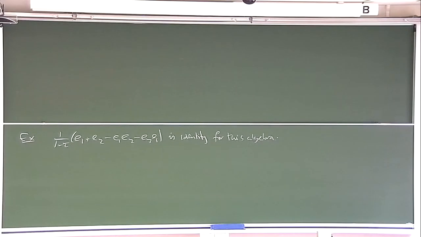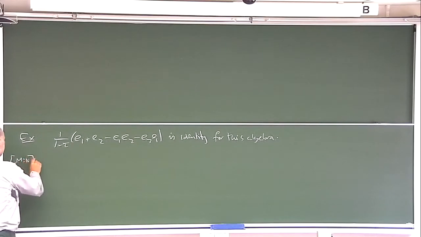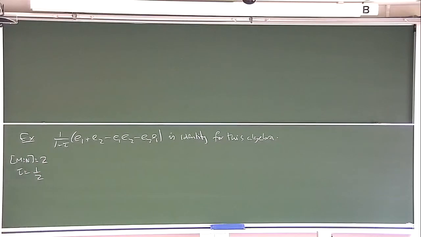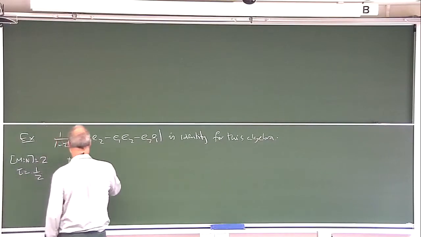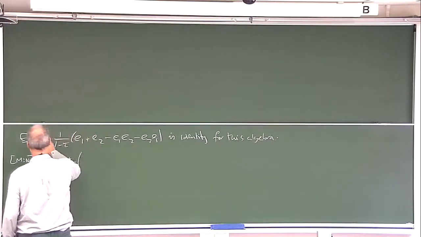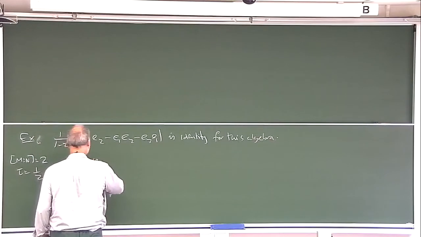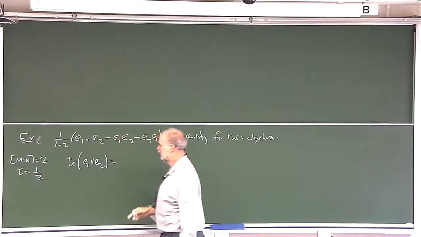Because now let's suppose that the index is 2. That means tau is equal to 1/2. Let's take the trace of this guy. Let's call it E1 sup E2, no matter what we call it.